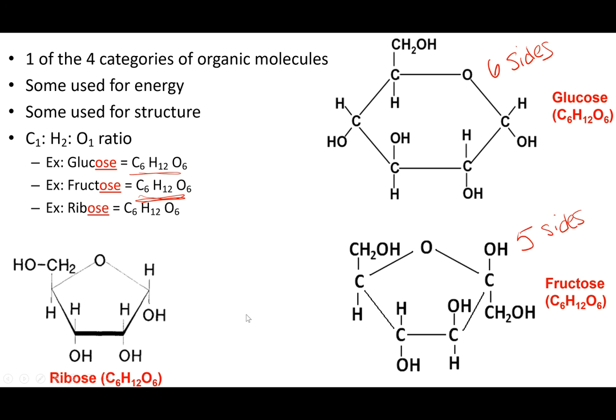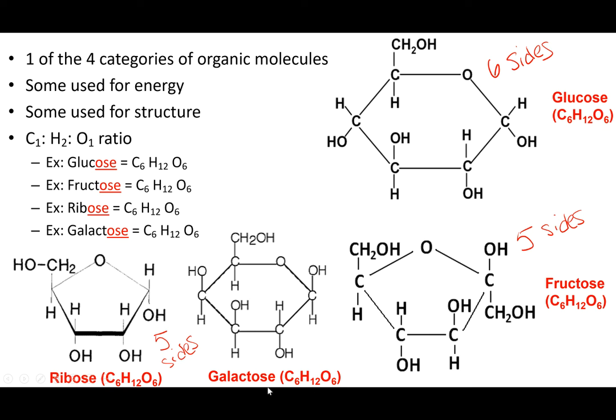So you will have to be able to tell the difference between ribose and glucose. And that's really easy because ribose has 5 sides. And when we talk about nucleic acids, that'll make much more sense. But for now, just know that there's lots of different carbohydrate monomers, right? But they all have the same ratio of carbon to hydrogen to oxygen. Oh, there's one more, galactose, which also has 6 sides.